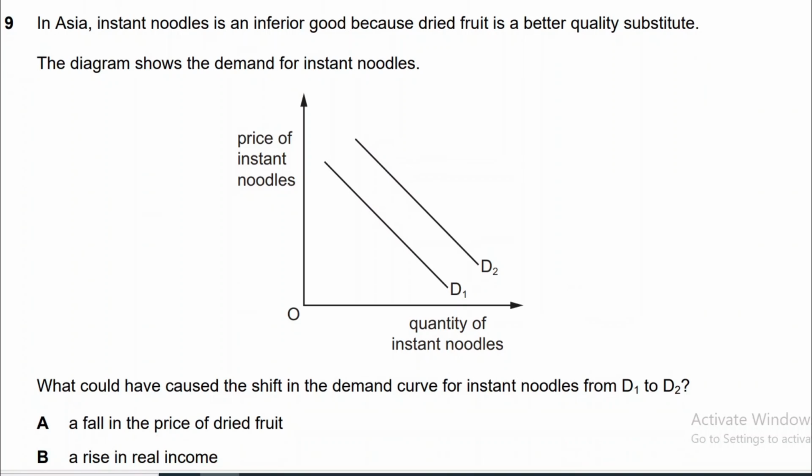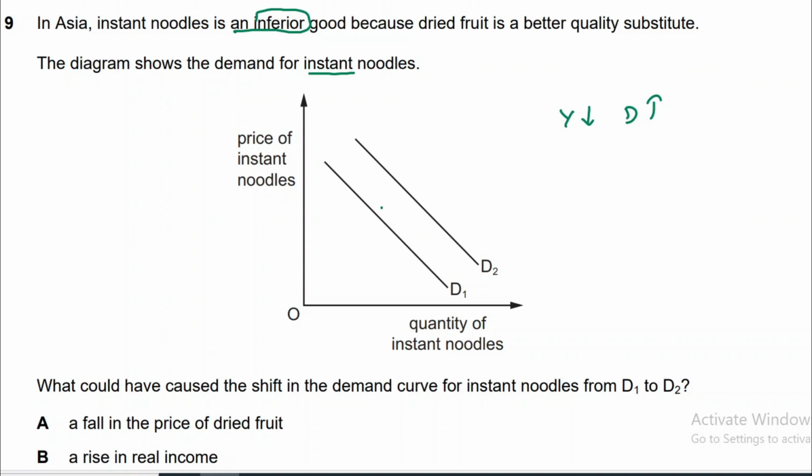Question number 9 says, in Asia, instant noodles is an inferior good. Keep in mind, inferior goods are goods that have a negative relationship with income, like if income falls, demand will rise, right? Because dried food is a better quality substitute, the diagram shows the demand for instant noodles.